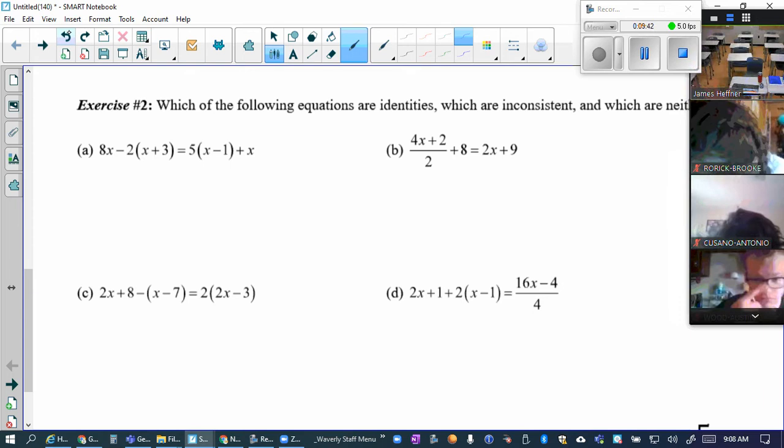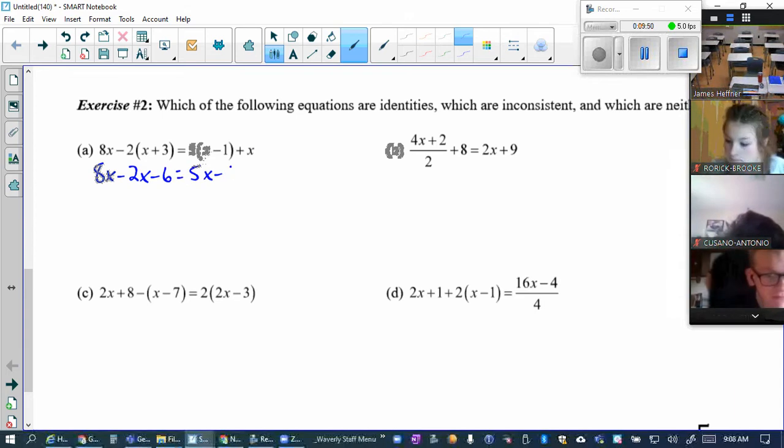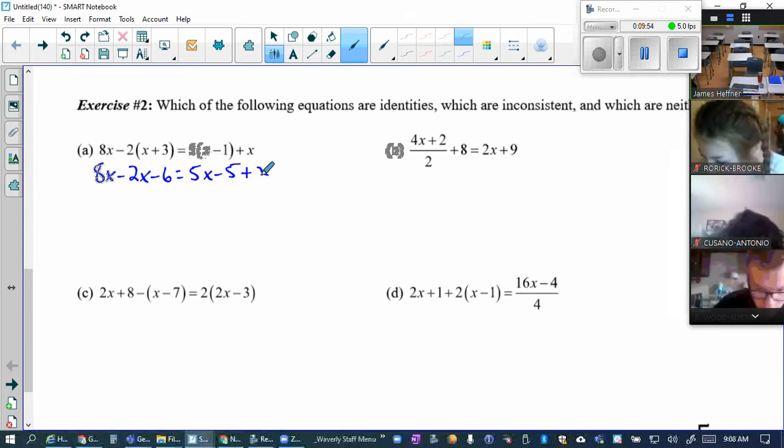So we get 8x minus 2x minus 6, right, equals 5x minus 5 plus x. All right. I don't want to start adding and subtracting to both sides before I combine like terms, okay? Make your life easier. So on the left-hand side, 8x minus 2x, right?